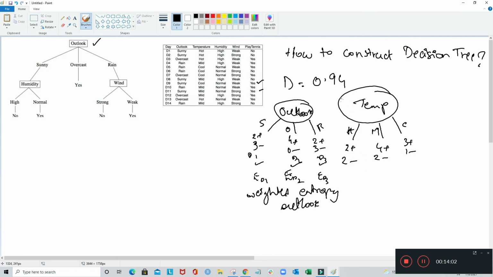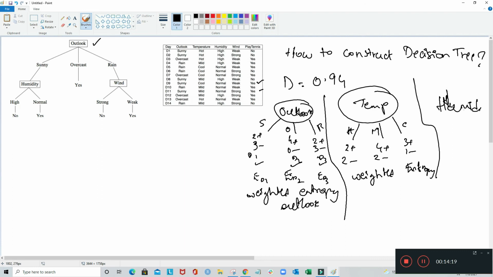Similarly, for this we will calculate a weighted entropy. And similarly we'll calculate entropy for the humidity feature.